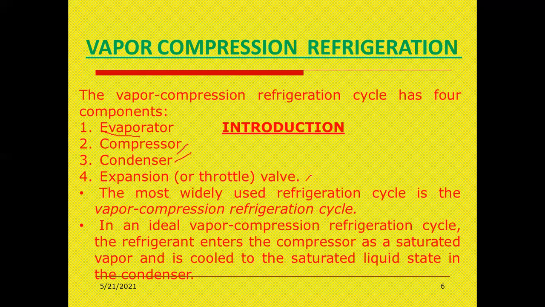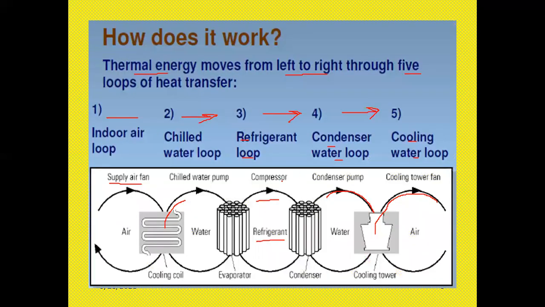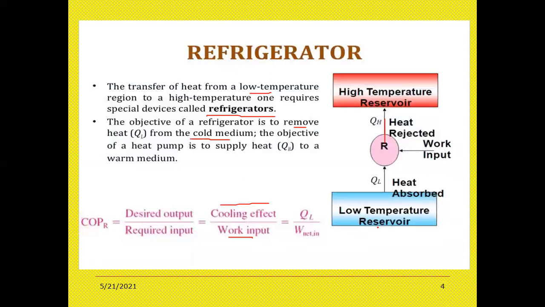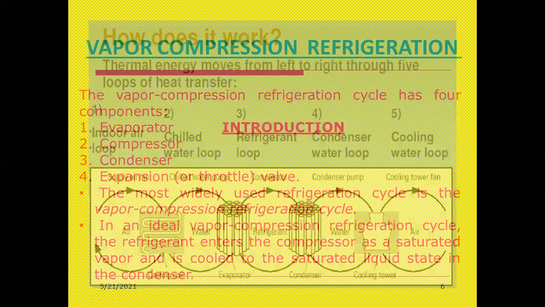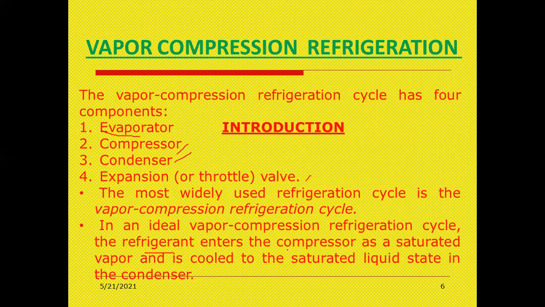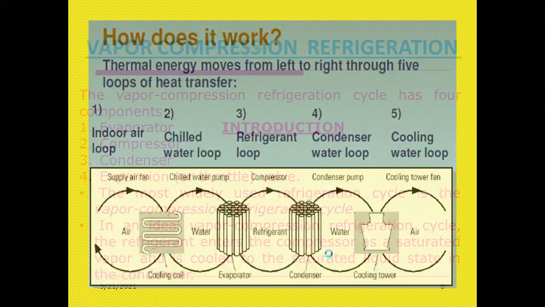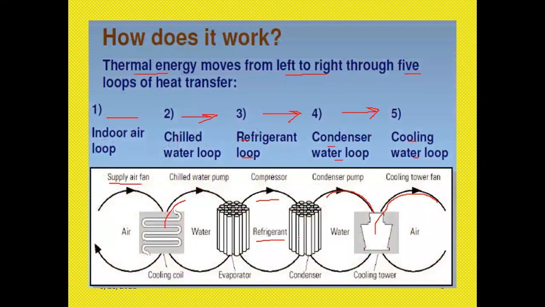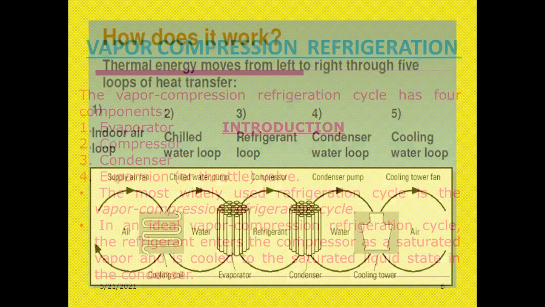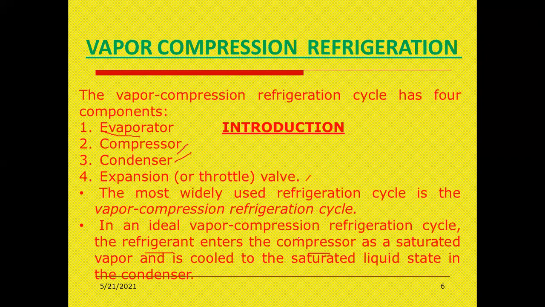The refrigerant enters the compressor as a saturated vapor and is cooled to the saturated liquid state in the condenser. So in the 5 loops we saw earlier, the water is sent into the evaporator and into the condenser, and it is passed to the cooling tower. So in an ideal vapor compression cycle, the refrigerant enters the compressor as a saturated vapor and is cooled to the saturated liquid state in the condenser.